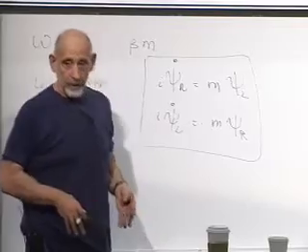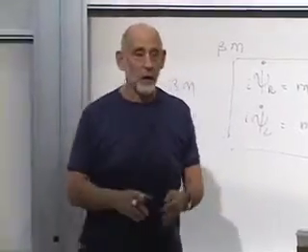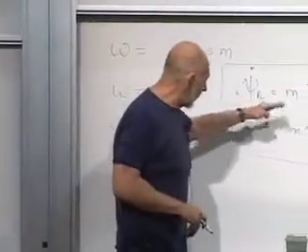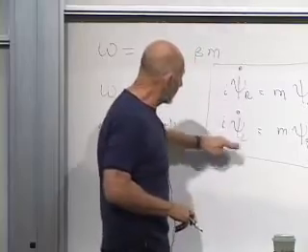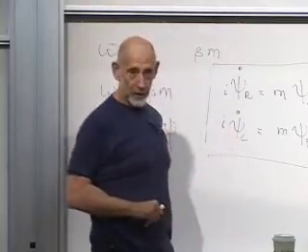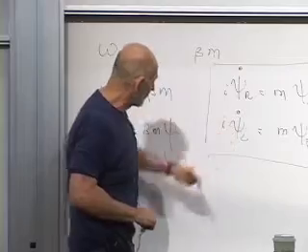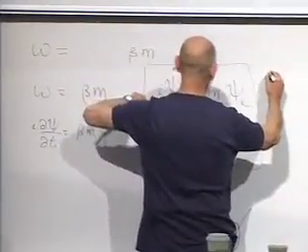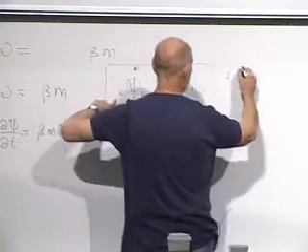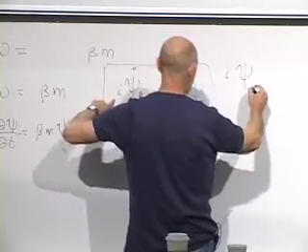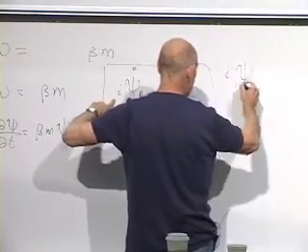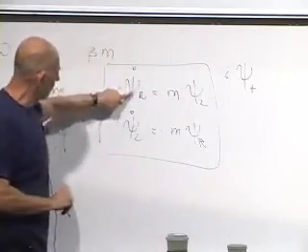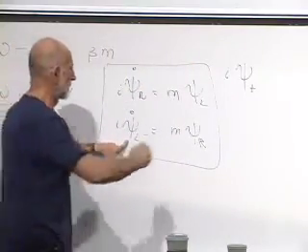But to decouple them, to find ordinary equations which are not coupled in this way, all you have to do is add and subtract these two equations. Let's add them. What do we get? Then we get I psi plus dot. Psi plus means psi right plus psi left.